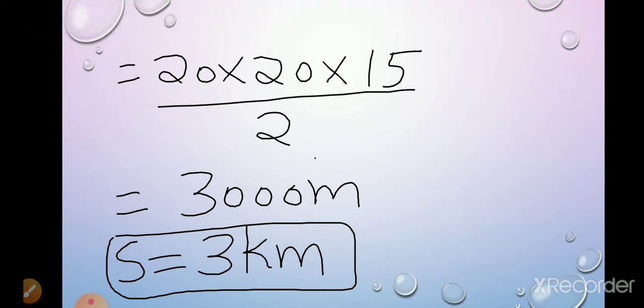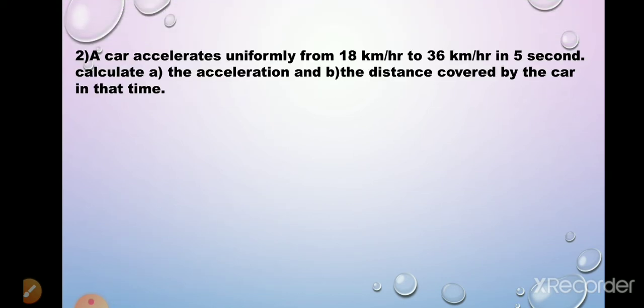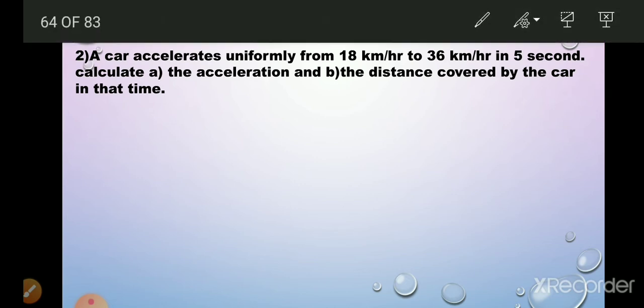Now let us move on to the next problem. Second problem: a car accelerates uniformly from 18 km per hour to 36 km per hour in 5 seconds. Calculate the acceleration and the distance covered by the car in that time. So now let us write what is given.